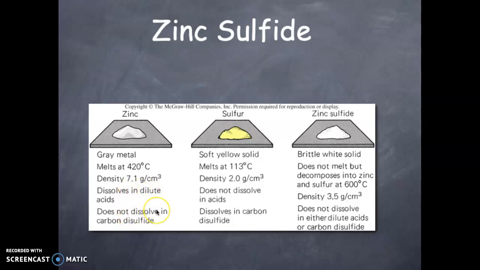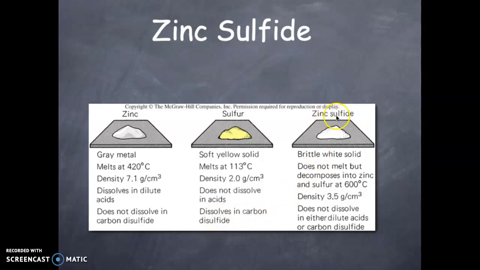It does not dissolve in carbon disulfide. Sulfur, on the other hand, is a yellow solid. It melts at 113 degrees Celsius, does not dissolve in acid, and it dissolves in carbon disulfide.